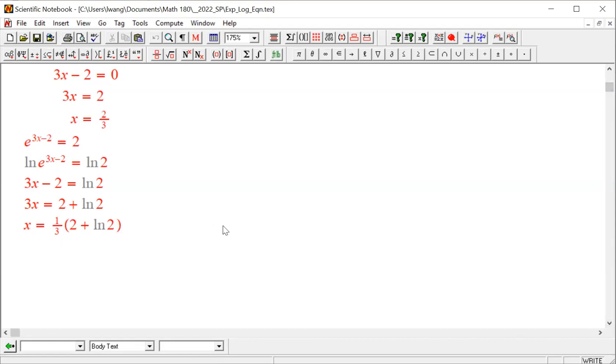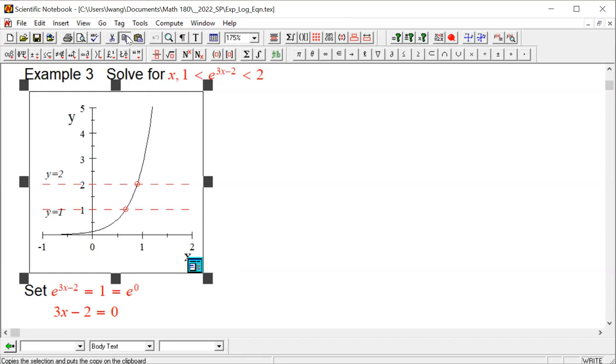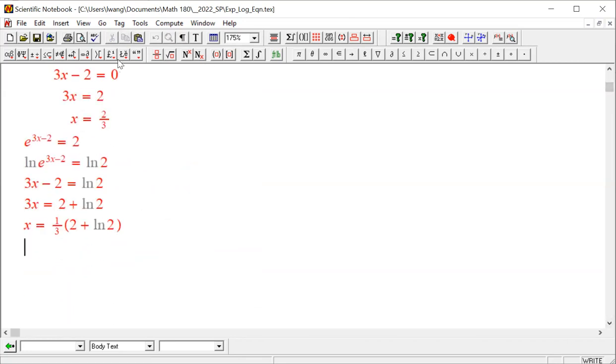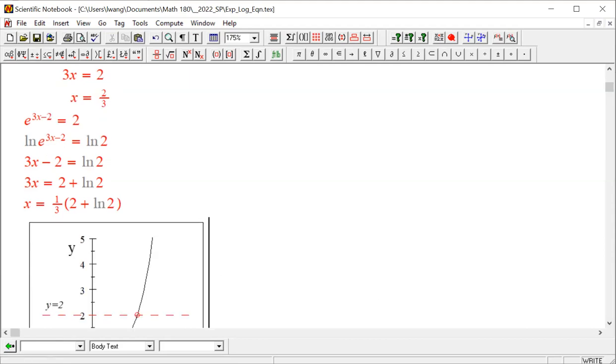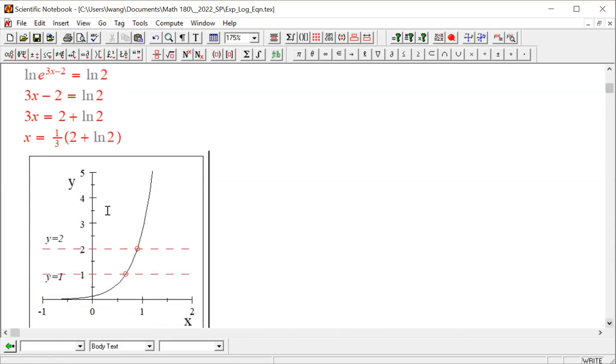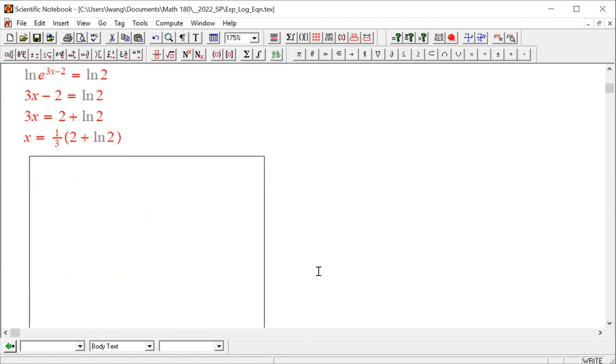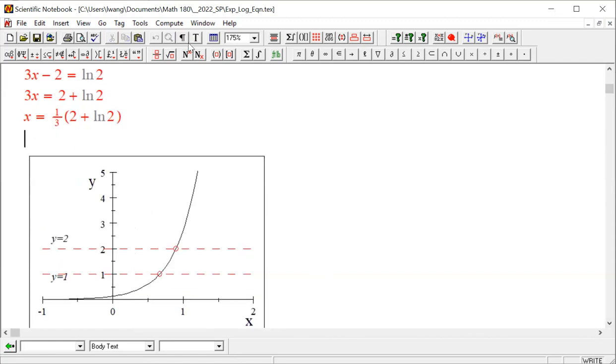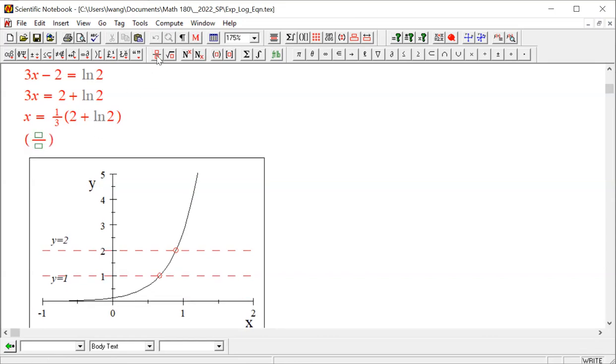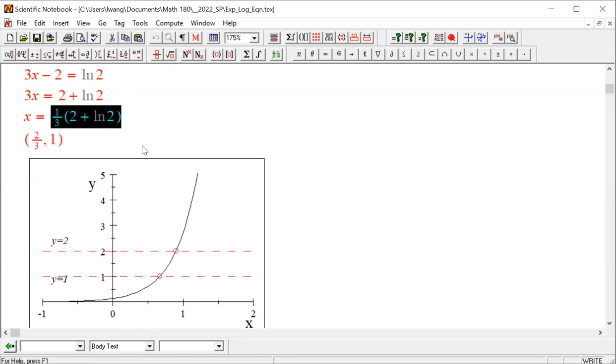So now I'm going to take the picture and mark the point so you can see well. I want you to see these points. The first point, which is here, is 2/3, comma 1. This next point is this point.